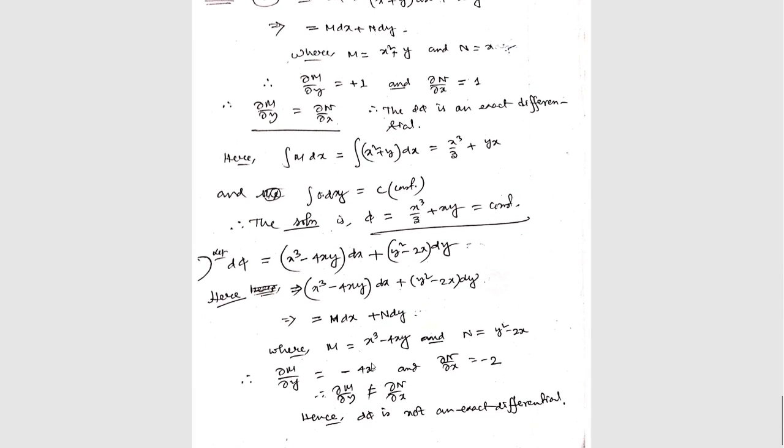If it is an exact differential equation, then you have to solve it: first integrate M with respect to x, keeping y constant, and then integrate those terms in the expression of N involving only y, not x, with respect to y. Then you add these two terms and equate them to a constant. That will be the solution of an exact differential equation.